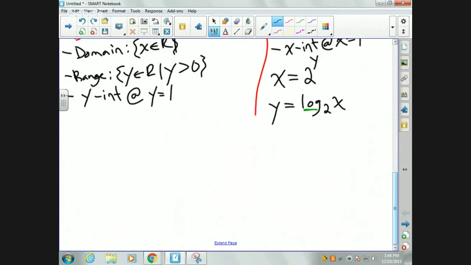The way that you read this is that this here is going to be the base of your exponential form. This will be the exponent. And this is going to be the result.